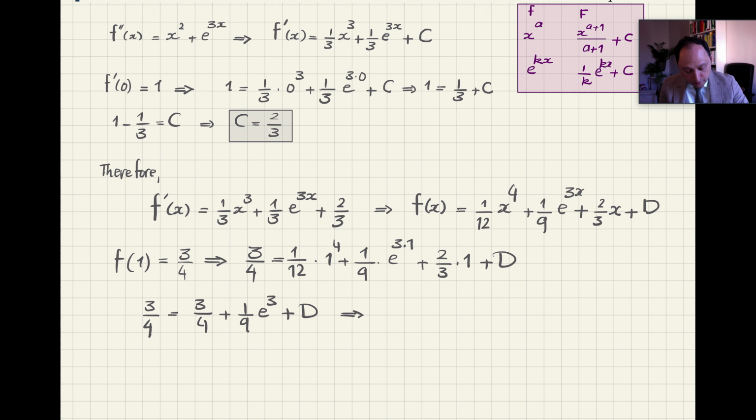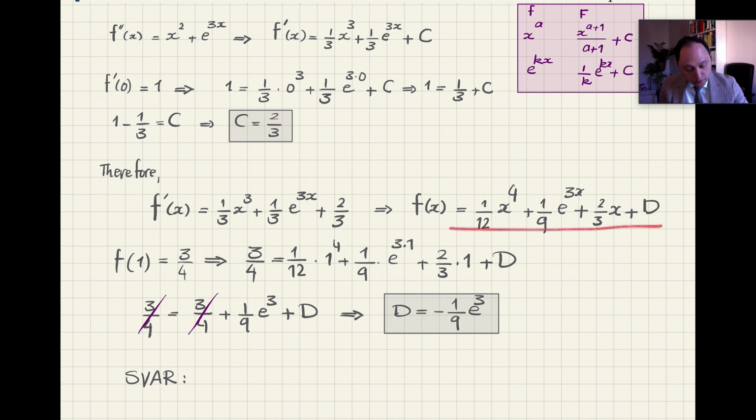Then I move everything to the left. Of course, you immediately see that when I move this to the left, it becomes negative and they are cancelled. And then I move that other term to the left, so this means that d is equal to minus 1/9 e to the 3. So that is the d. But what you have to provide at the end for the answer is to plug this d back into the function. So this is your function so far, and you got that this is this one, so you put it back here.